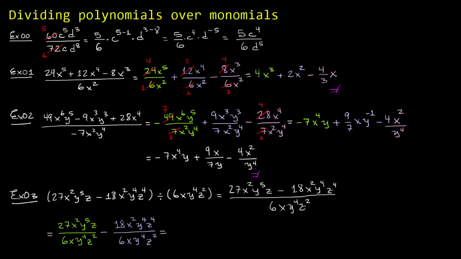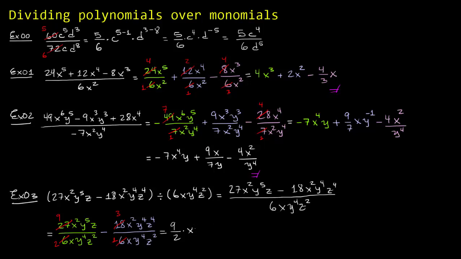So simplify. Here we got a third and a third. So the third of 27 is 9, the third of 18 is 6, and 6 over 6 is 1, 3. Now let's write it down. So it will be 9 halves. The first simplification will be times x: we subtract the exponents, 2 minus 1, which makes a 1st power, which we do not write.